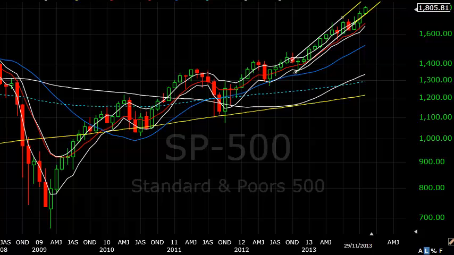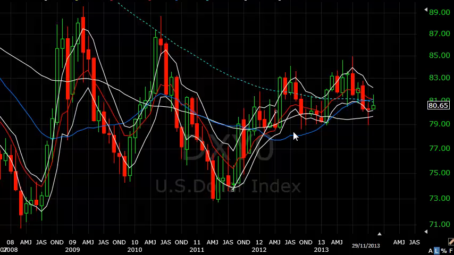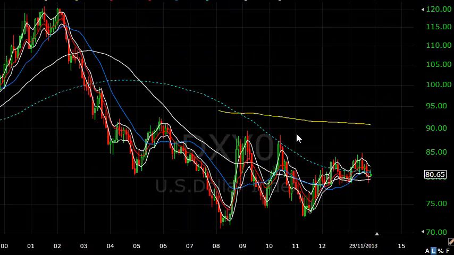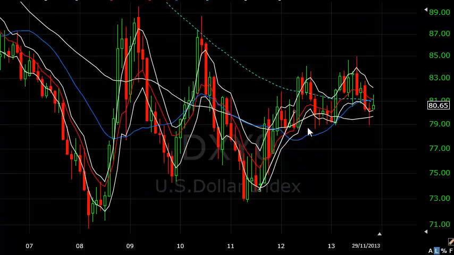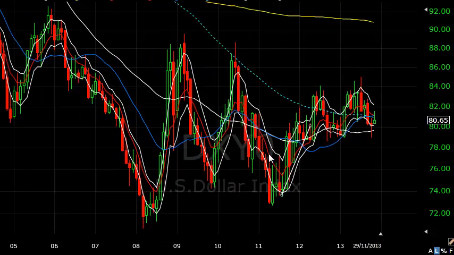In fact, let's go and have a look at the dollar index itself, because let's see if there's anything there in the dollar. I haven't looked at this at all, but it's not actually telling us too much down here on the dollar index. Over the last several months, as we can see, right way back into 2012, it's really not going anywhere. So it's going to go one of two ways.